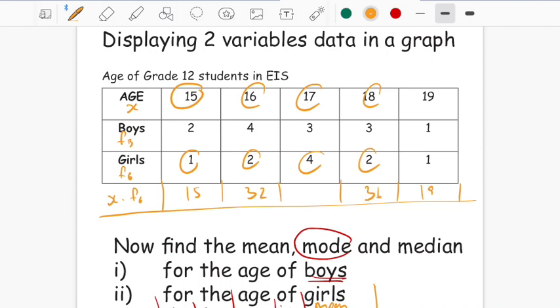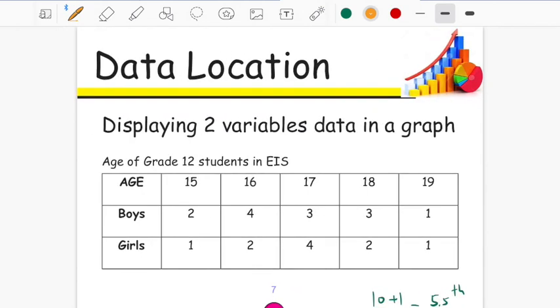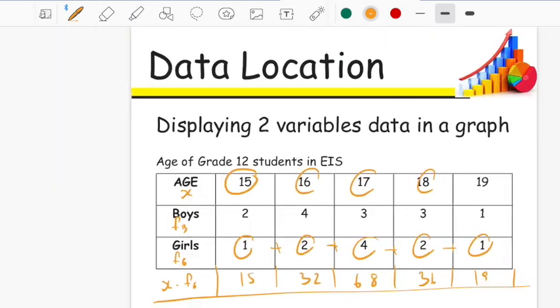17 times 4. If you have your calculator, you can add all the values. So I'm adding all the values for you here. Let's see the girls first. How many girls are there? We just counted the number of girls here: 10 girls, right?